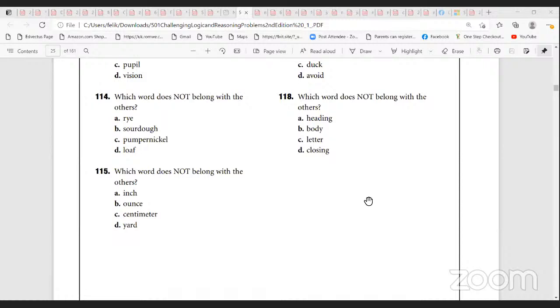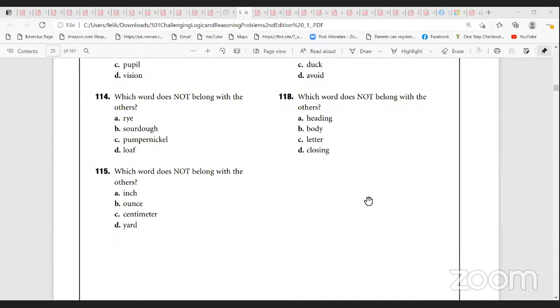Which word does not belong with the others? Miss, I wasn't able to answer that because I couldn't see it. Yeah, I understand. And I know you're being placed on the spot, but think about it. Inch, ounce, centimeter, yard. Which one?